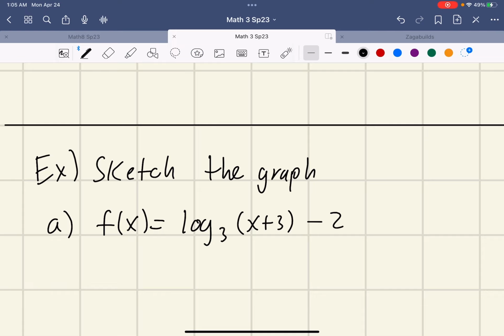Now remember, I always had this inside and outside for my transformations. The exponential one was the only one that looked different because there was nothing that looked inside. But I told you to interpret the quote-unquote inside of an exponential as the exponent. The outside is whatever's at the level of the base.